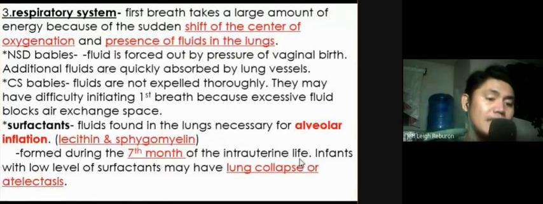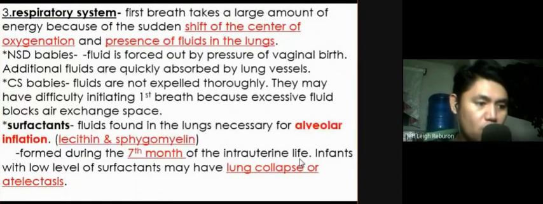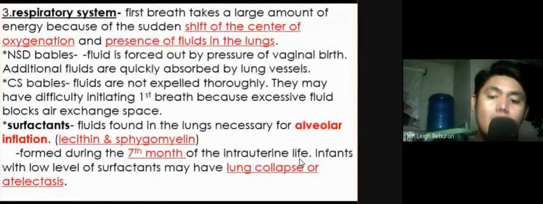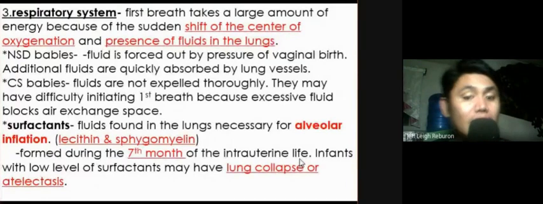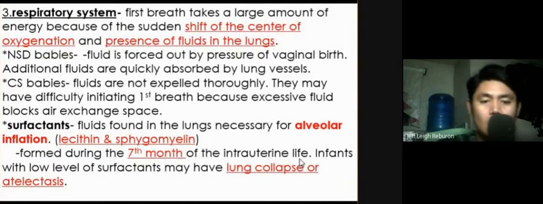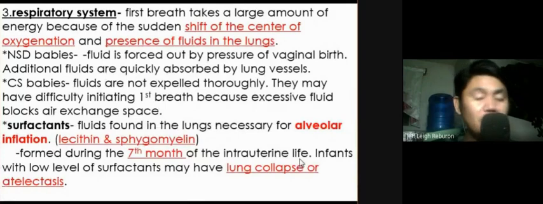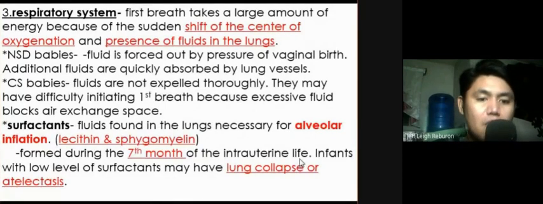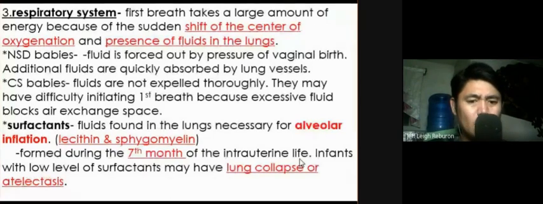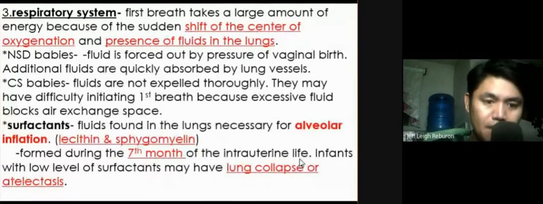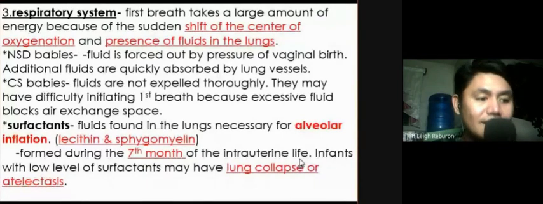Remember po that surfactants are formed during the 7th month of intrauterine life. Anong ibig sabihin nito? Pag yung bata, nasa fetus pa lang, nasa loob pa lang ng sinapupunan, at pag 7 months na yung bata, inside the womb of the mother, that is only the time na nagproproduce si surfactant.